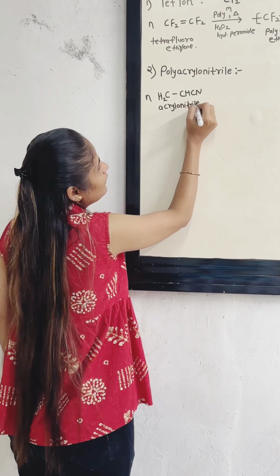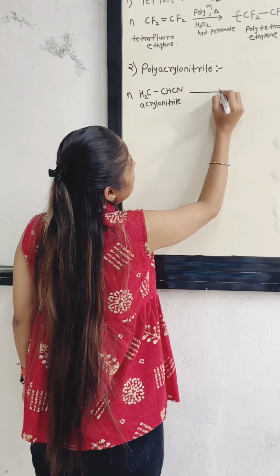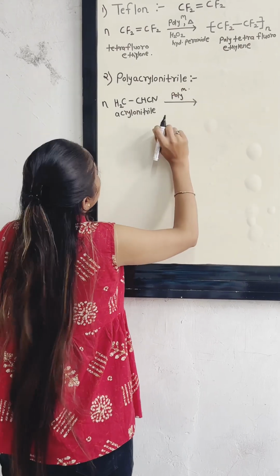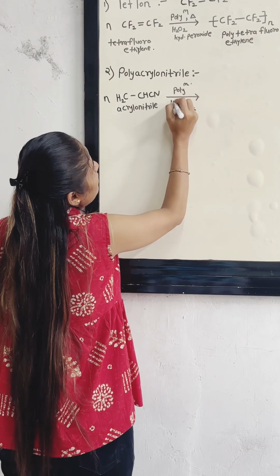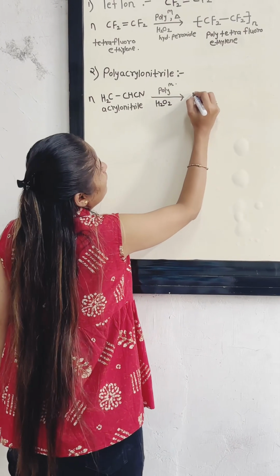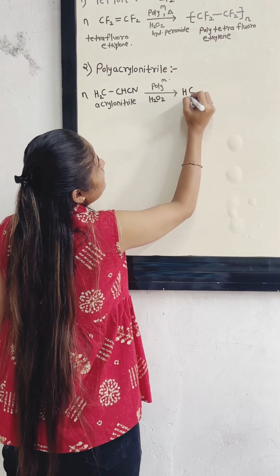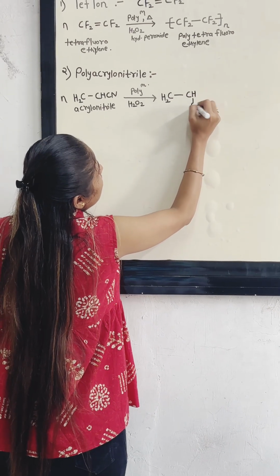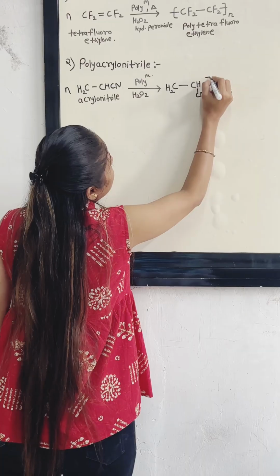So this is the acrylonitrile. Okay. So same reaction, it undergoes the polymerization at a higher temperature and pressure, and the same catalyst, that is hydrogen peroxide, we have to use, and we get the CH2 CHCN.